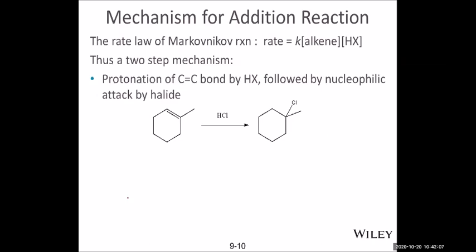The kinetics study of the reaction mechanism shows us this reaction is second order. It's first order for the alkene and also first order for the hydrohalide. If this is a two-step mechanism, the slow step must have these two together.